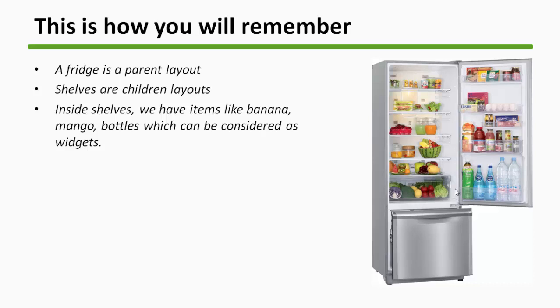And all these shelves can be considered as other layouts. So if you want to design an XML for a refrigerator, at the top we can have a linear layout, and inside that we can have 1, 2, 3, 4, 5, 6 linear layouts on the left hand side, and inside that we can have our views. I hope that will clear this thing.